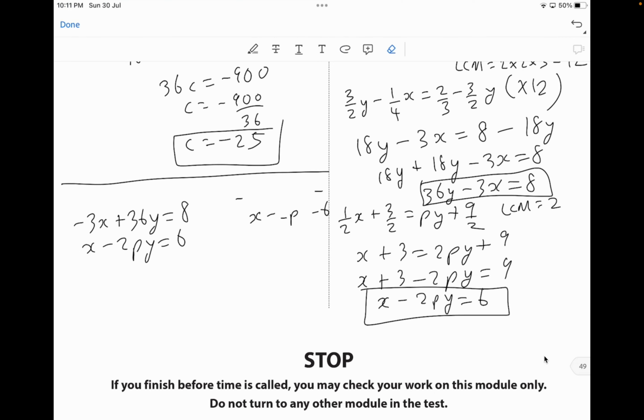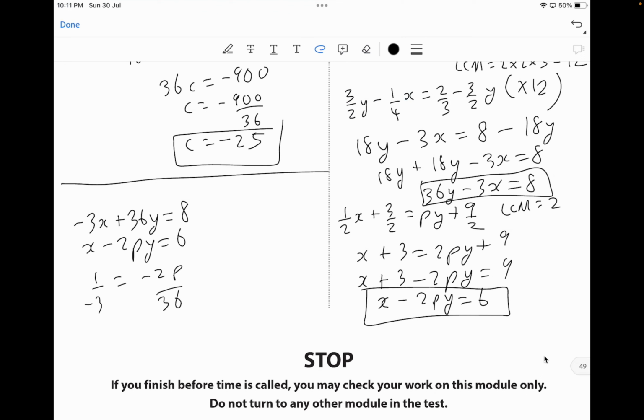So now what you're going to do is 1 divided by negative 3, which is equivalent to negative 2p divided by 36. That gives you a relation: negative 1 by 3 is equivalent to negative p by 18.